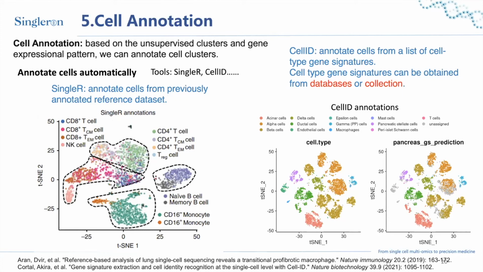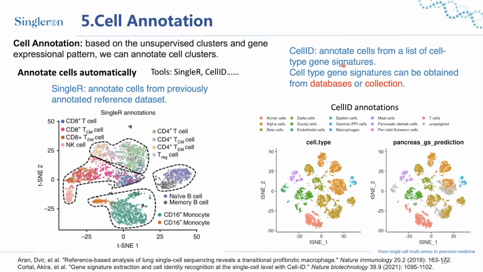Like this. CellID is another one, and it was published last year, and it is a little bit different. It annotates cells from a list of cell type signatures. These cell type signatures come from the databases or your own collection. You can make your own list of marker gene signatures, and the software will calculate the enrichment score of different gene signatures for different cell types and for different cells.